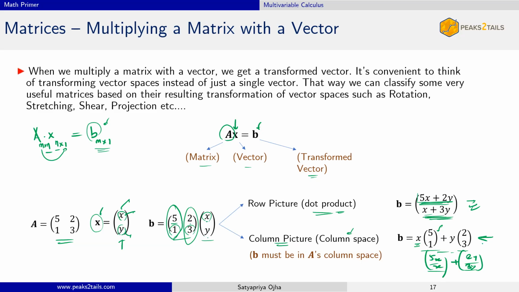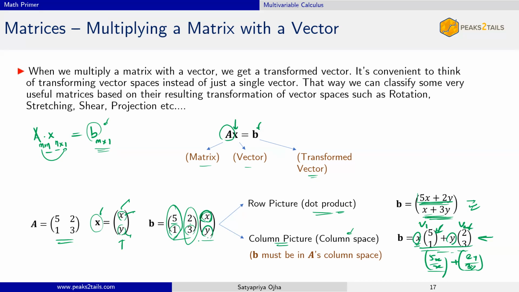But this is much more elegant. You know why? Because this is a linear combination of two vectors. This is v1, this is v2. X and y are just scalars, correct? So x times v1 plus y times v2.